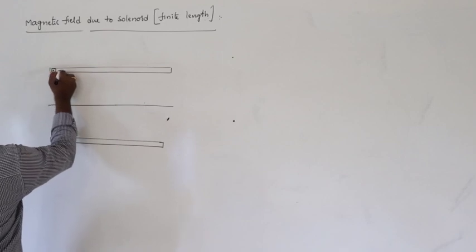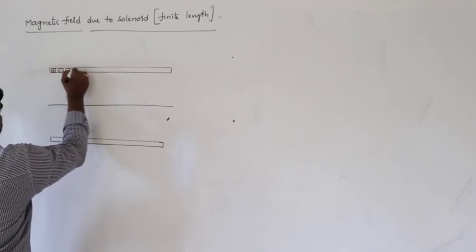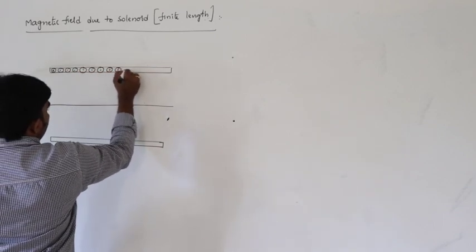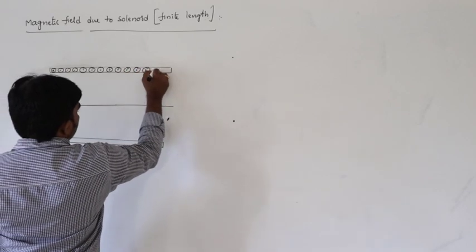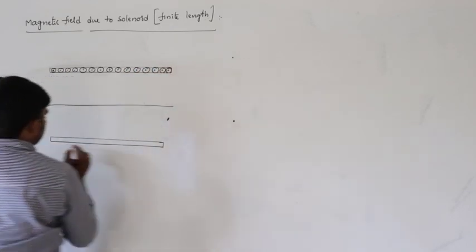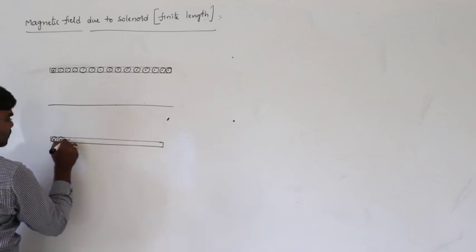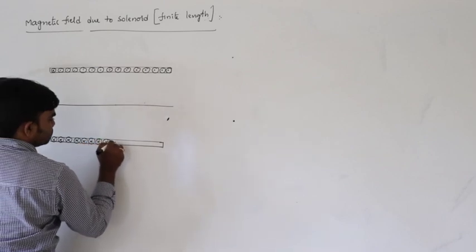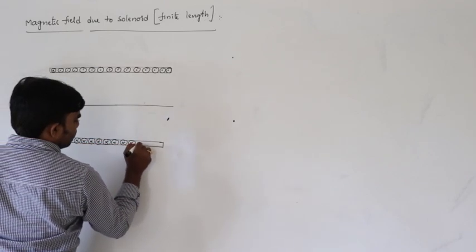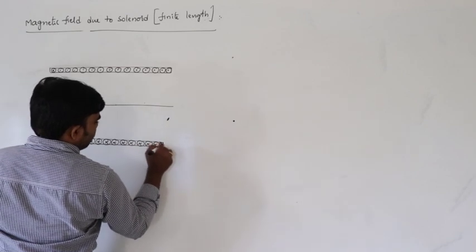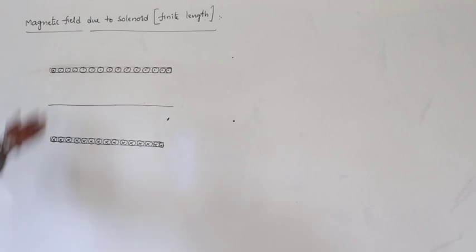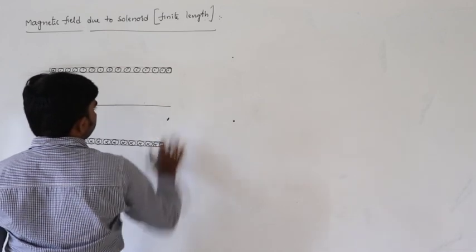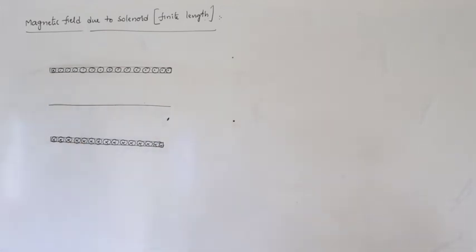Here the current is outwards, let us assume, and here the current is inwards, like this. Here outward current, here the inward current. Now we have to calculate the magnitude of the magnetic field due to this finite length of the solenoid.